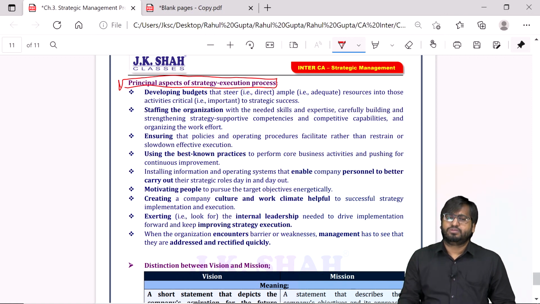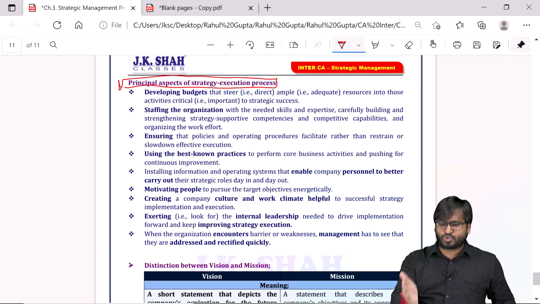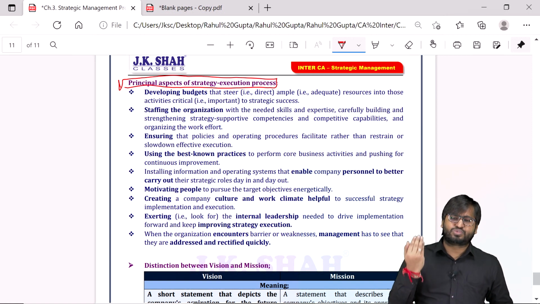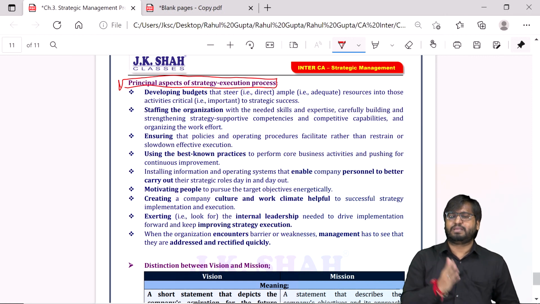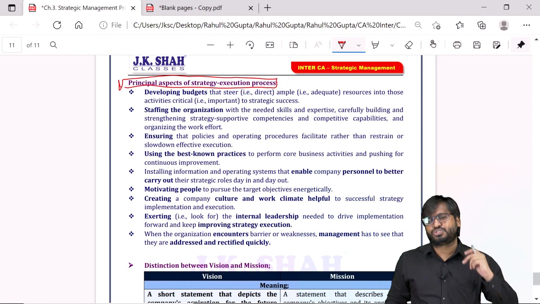Number 2, staffing the organization. You should hire workers. While preparing the budget, the factory manager told the HR manager that we will be requiring few skilled workers, few unskilled, few semi-skilled workers. So, the HR manager will staff the organization. Why?